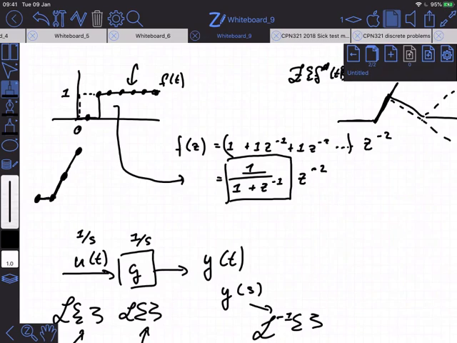If I have a sampled ramp like that, and I sample it only up to this point, it has exactly the same output values as a step that starts at that same time, or that starts one time later. There's no way for me to distinguish between those two if I just look at the values of the coefficients. Is that clear? And so it's not unique.